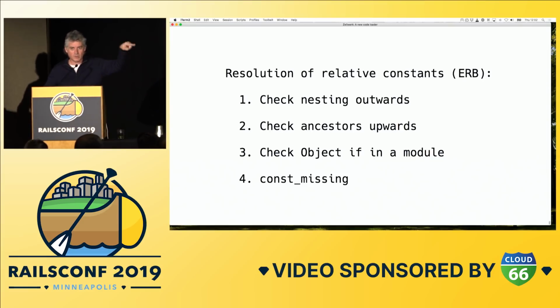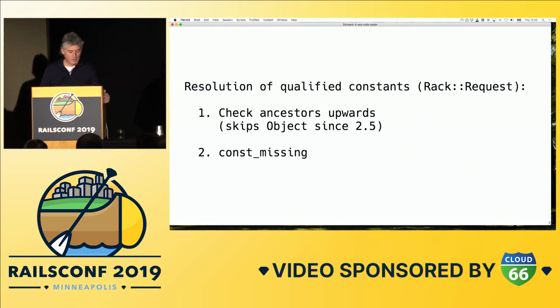So it goes all this way until it finds Hash. Finally, if the constant is not found, there's a callback called const_missing that is going to be called. There's a default implementation of const_missing, which is the one that raises NameError. But you can override this.